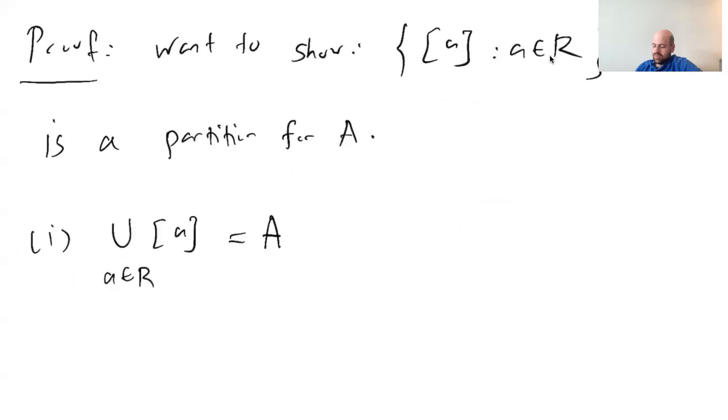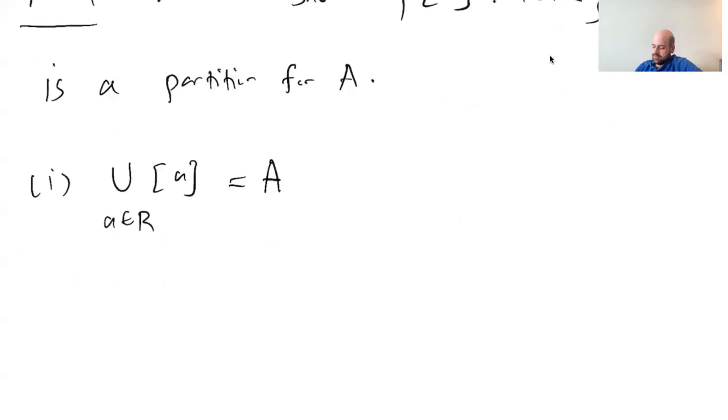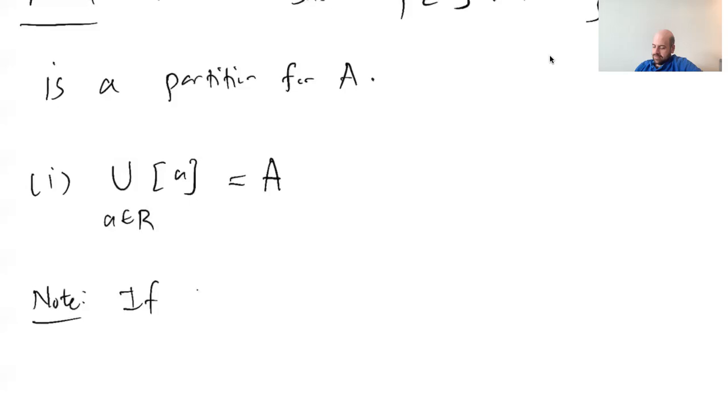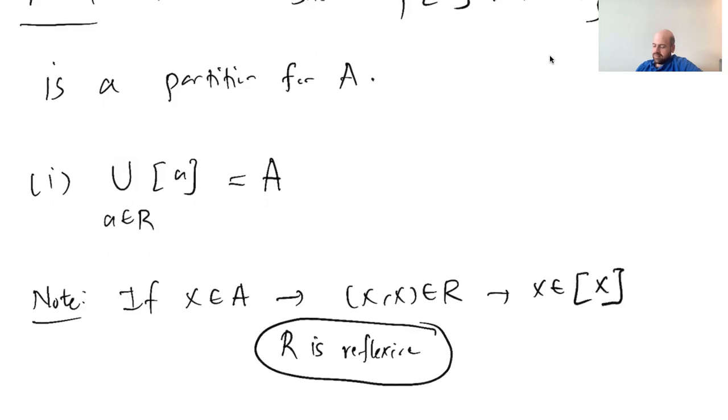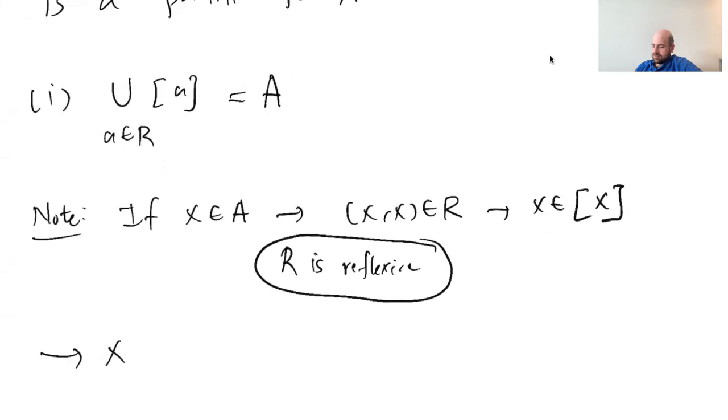Note, let's say some x is in A, then we can say that (x, x) is in R because R is reflexive. So we can say x belongs to the equivalence class of x itself. So that means x belongs to the union of all equivalence classes.